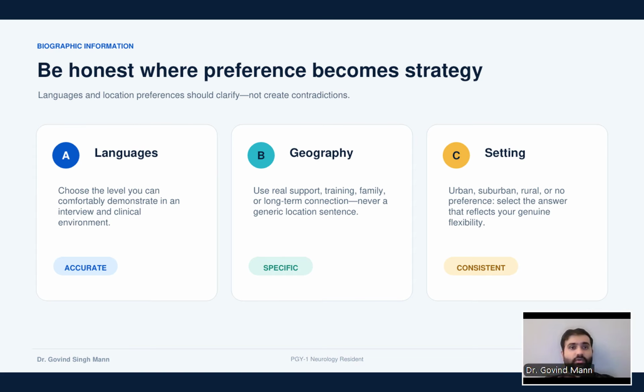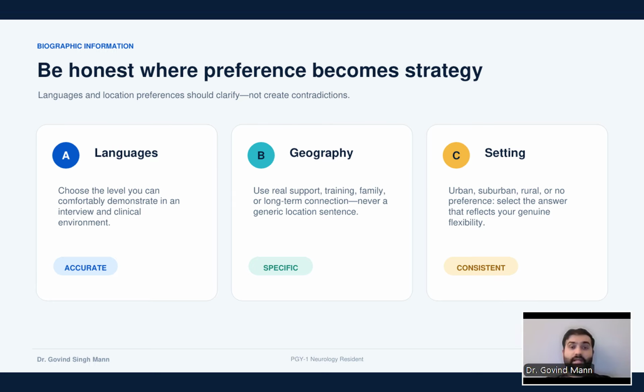Then obviously, it's really important that you are being honest here about whatever you are claiming. If you say you are bilingual, just say bilingual. If you know other languages like Spanish, it's sometimes really helpful if you're applying to programs in the southern part of the US, because there you have a lot of Latin-speaking population, and they commonly prefer to speak in Spanish.